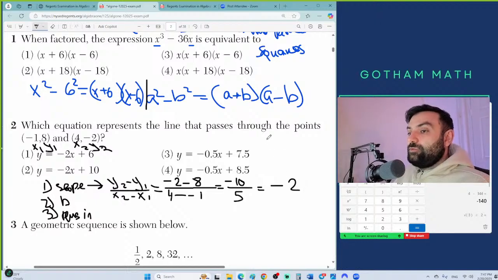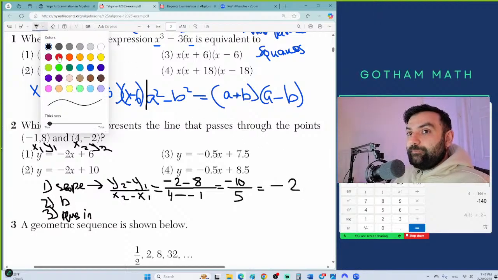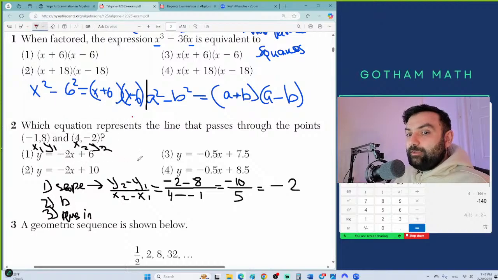If you do know that all of them are in y equals mx plus b form, and you should know that, then we just found m.